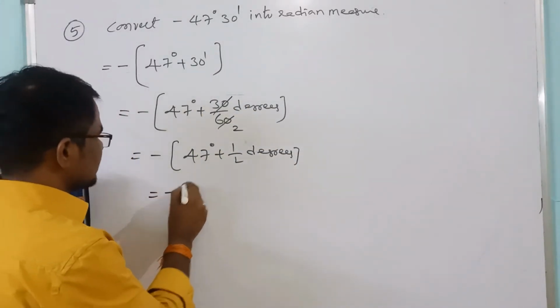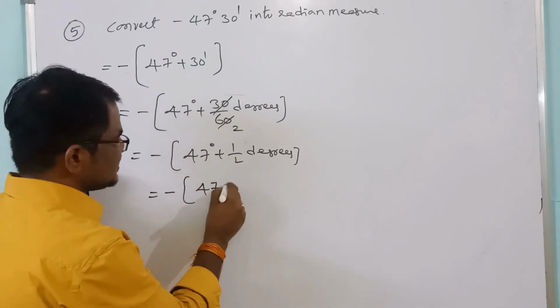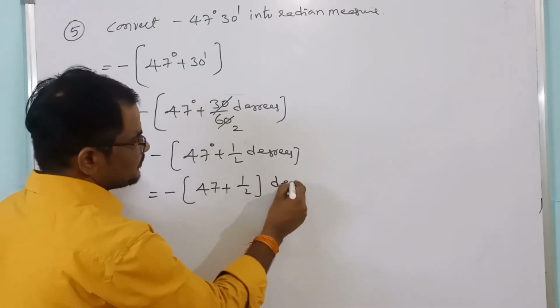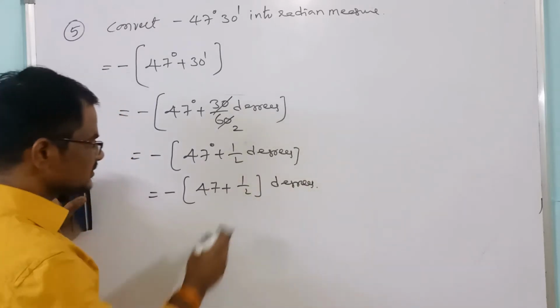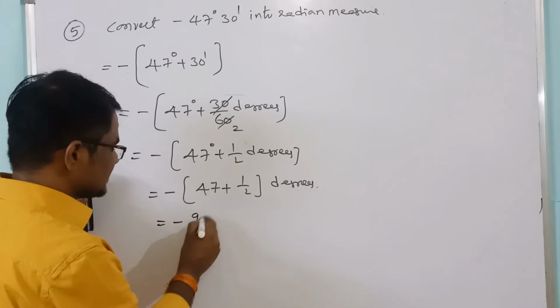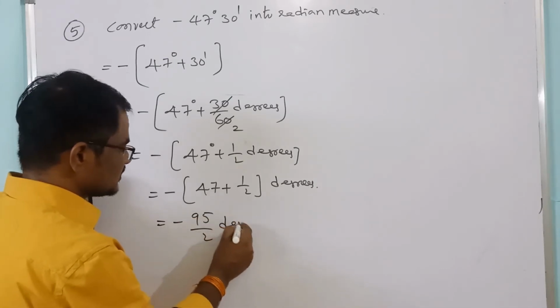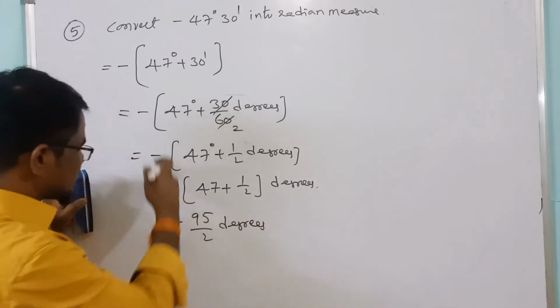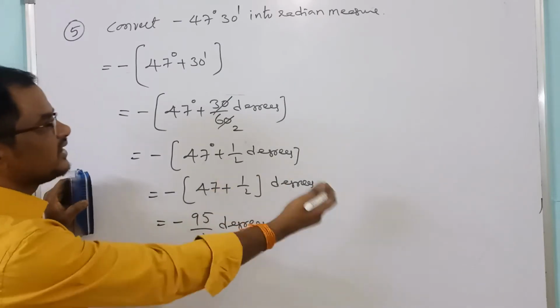Now that is equal to minus 47 plus 1 by 2 degrees. So simplify: 94 plus 1, minus 95 by 2 degrees. This minus as it is. Now convert into radians.